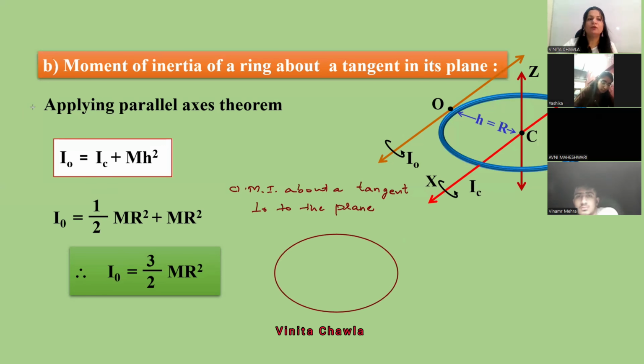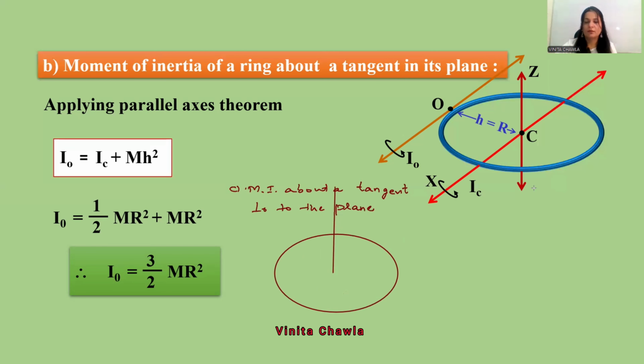Now we know the moment of inertia about an axis which passes through the center of the ring, right? About this axis, we know the moment of inertia.